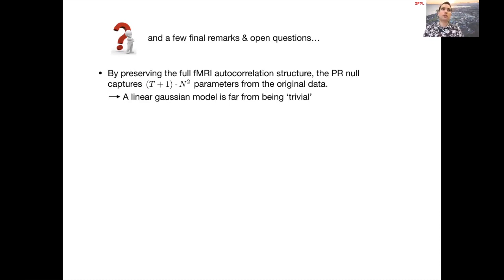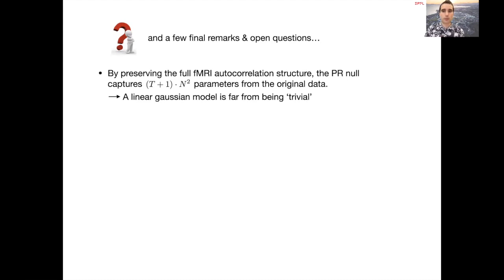But if you think in terms of parameter complexity, phase randomization, as we saw a few slides ago, corresponds to a linear model and preserves the complete autocorrelation structure. These are all N by N matrices, and we have T plus one of them.